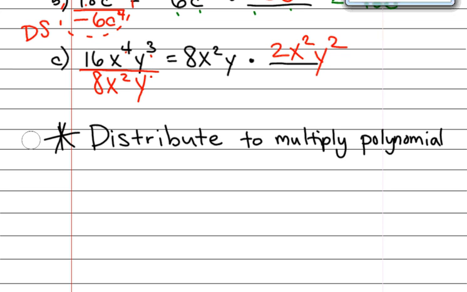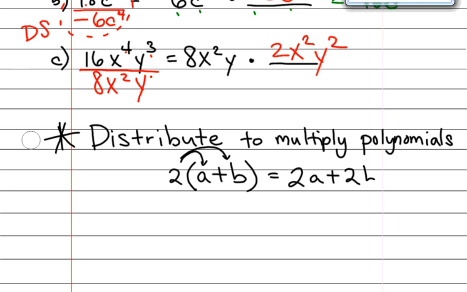We learned how to double distribute and things like that. Just as a very simple example, if I were to distribute 2 times a plus b, then that 2 would go to both the a and the b, and my answer would be 2a plus 2b. That's called multiplying polynomials, and we would distribute to do that.